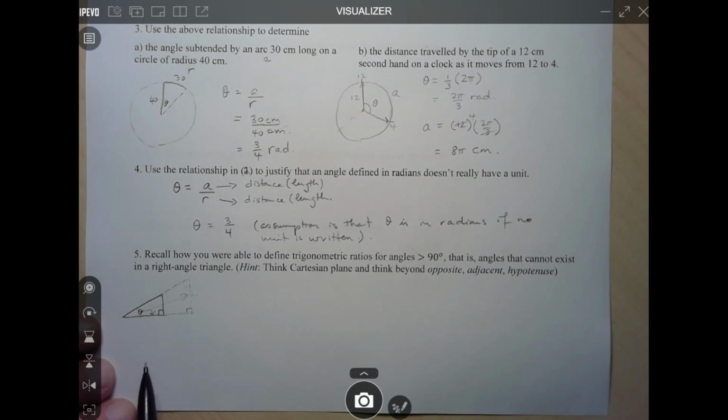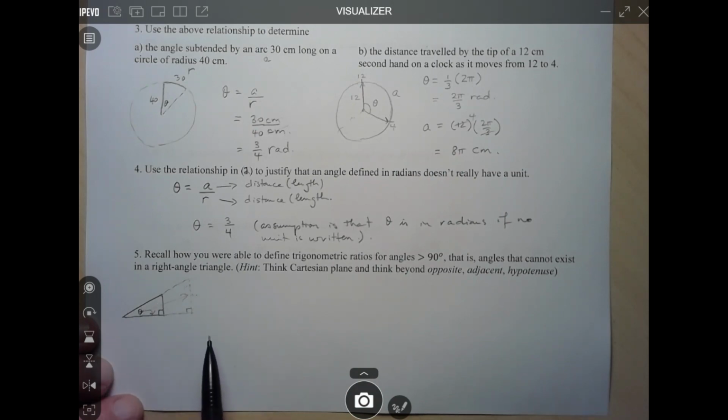Or, of course, now we're not going to be talking in degrees for much longer. We're going to be stating these angles in radians. But we want to move beyond just trig ratios for acute angles.